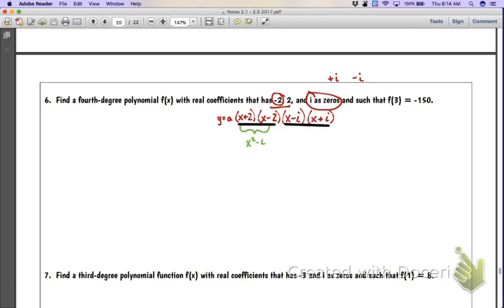x squared minus 4. Okay, they're conjugates, so it's really a difference of 2 squares. If I do the same thing for my i values, they're conjugates of one another. So just like I did before, x times x is still x squared.